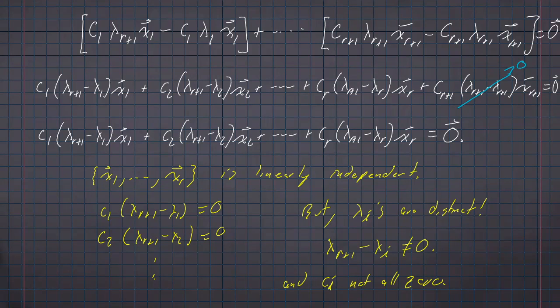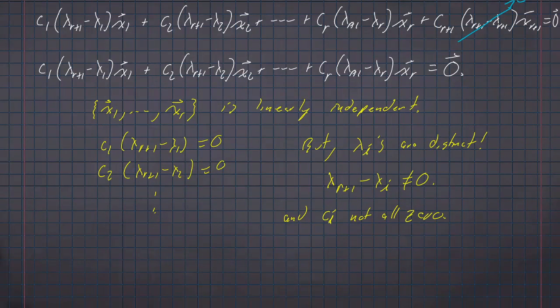And the ci's are not all 0, so at least some of the coefficients here are non-zero. This is a contradiction. The only thing we assumed was that the set of eigenvectors was linearly dependent.